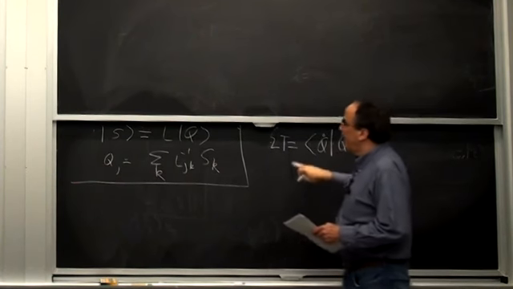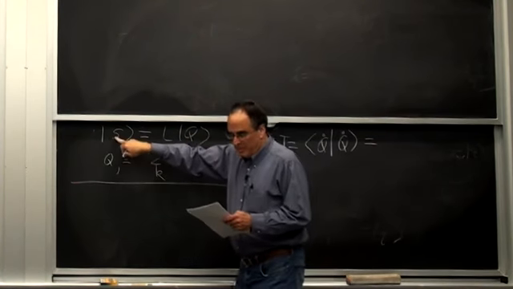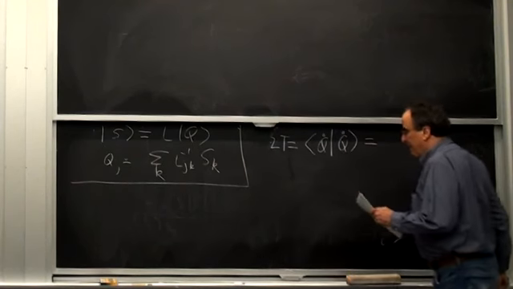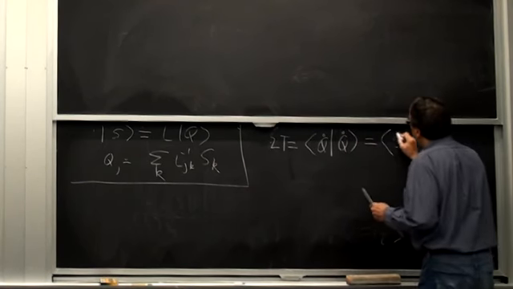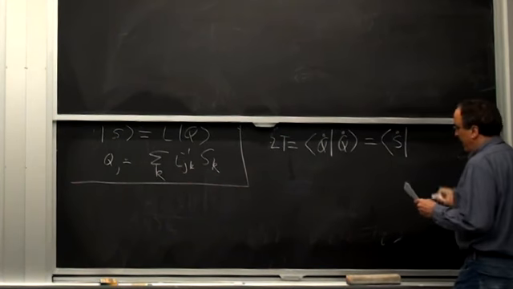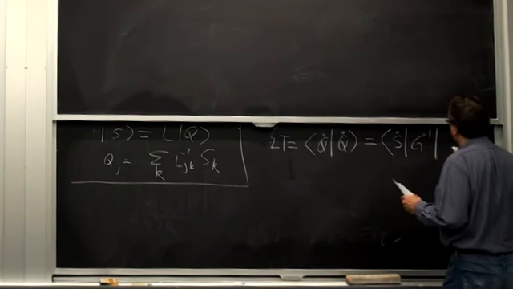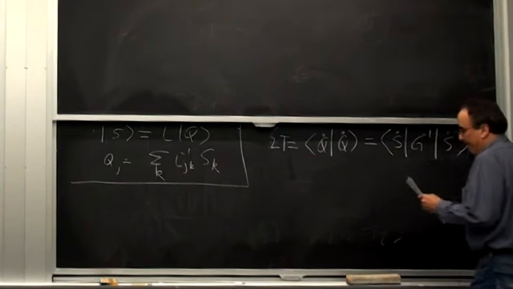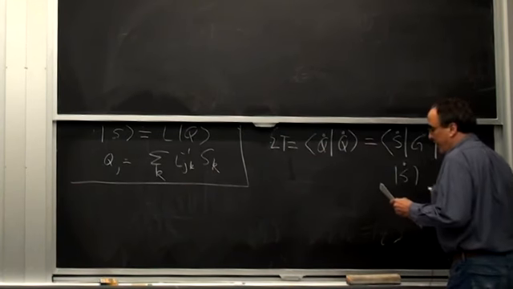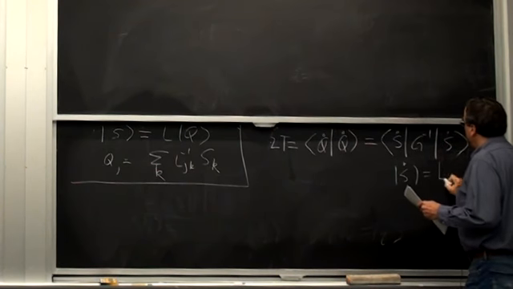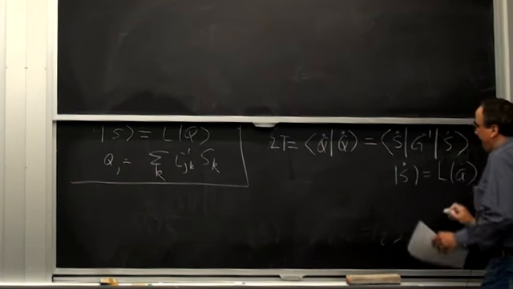These things are given in terms of the s dots, and I'm skipping steps, but s dot is going to be g minus 1 s dot, because s dot is equal to L q dot.